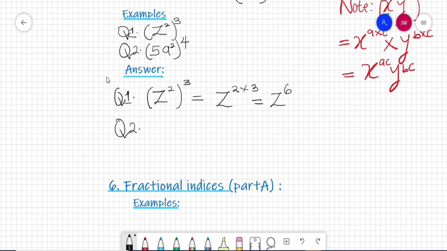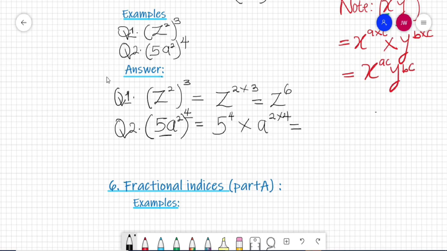Question 2, we have 5a raised to the power of 2 enclosed in a bracket raised to the power of 4. This is equal to 5 raised to the power of 4 multiplied by a raised to the power of 2 times 4. This is because 5 is an outside power and it raises everything inside the bracket to itself.